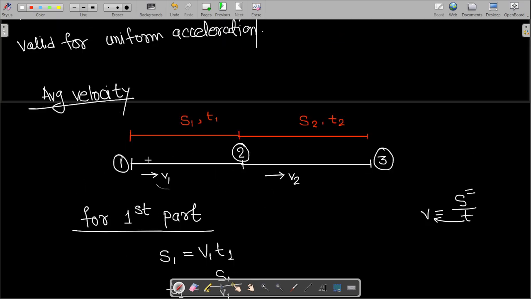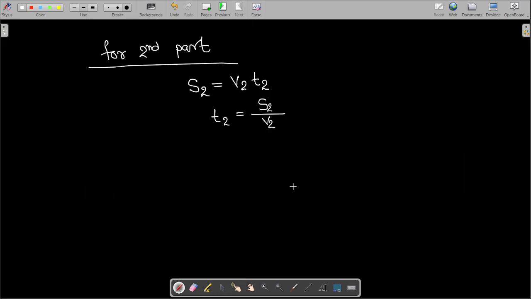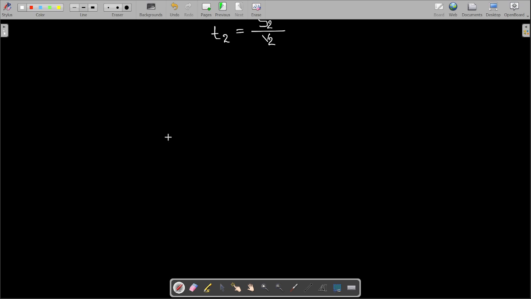Now, as the topic is about average velocity, I told you the formula to find the average velocity, denoted by v bar.